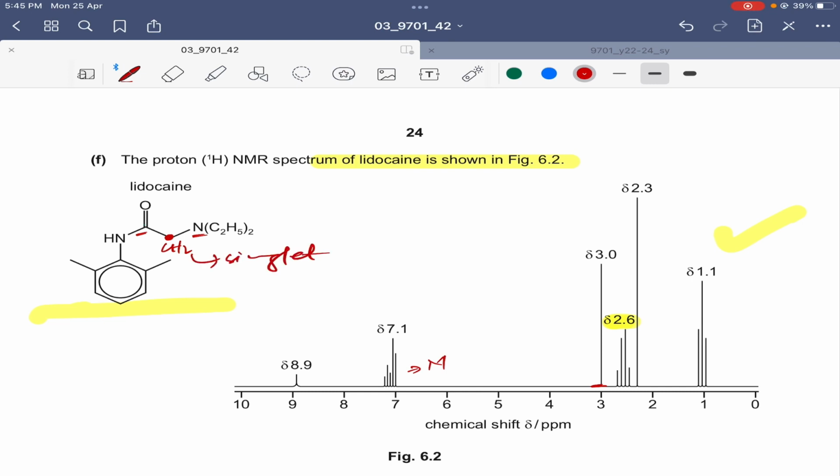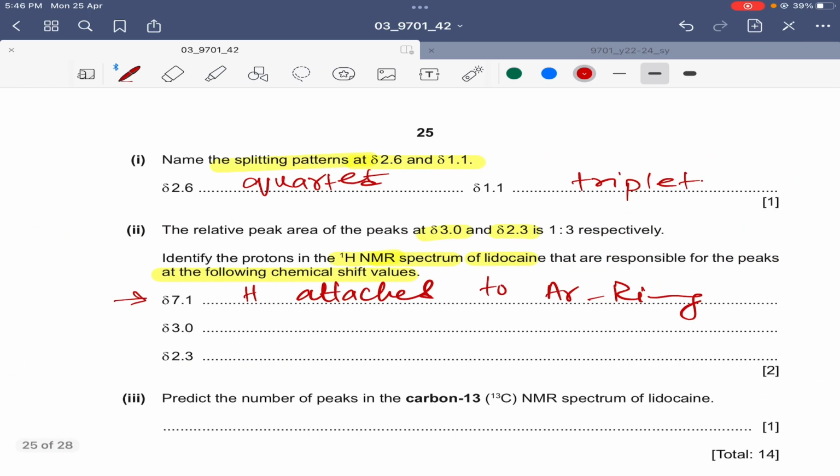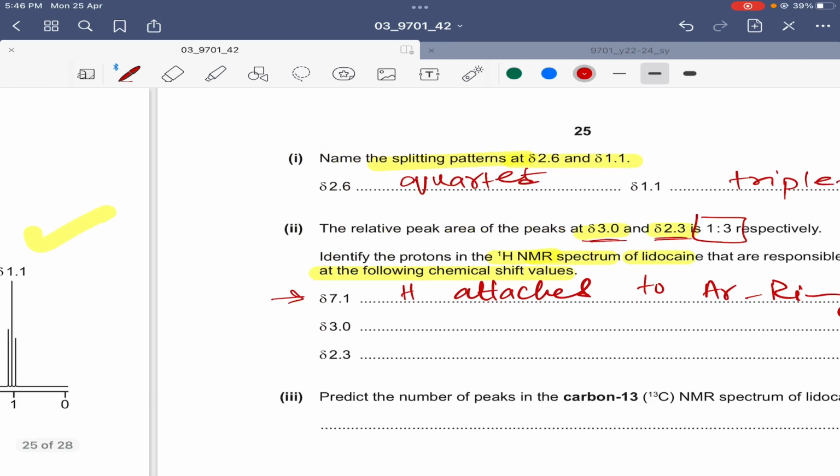The next singlet is this CH3, which is directly attached to the ring. These two CH3 groups would also give a singlet, right? So there are a total of 6 protons in the CH3 groups. We have 2 CH3, so in total there are 6 hydrogen atoms. And this CH2 has 2 hydrogens, so the ratio is 3:1. And this is what they have told us here, that the peaks at 3.0 and 2.3 are in a 1:3 ratio.